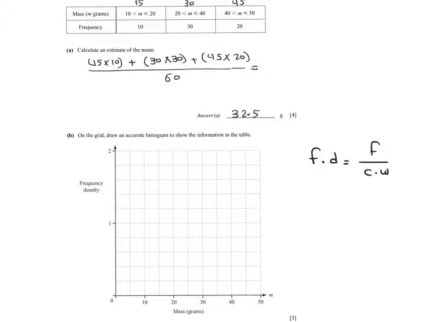For the first one, if you need to find the class width, 20 minus 10. So the class width is 10 for this group.